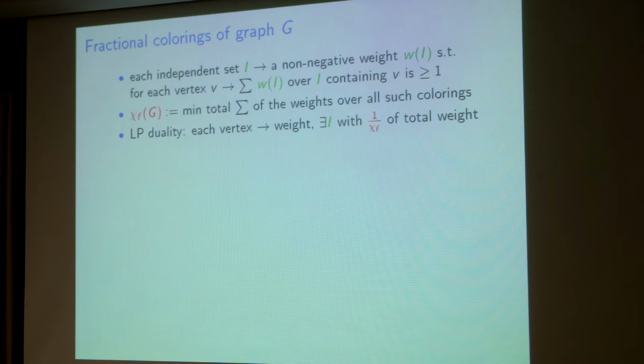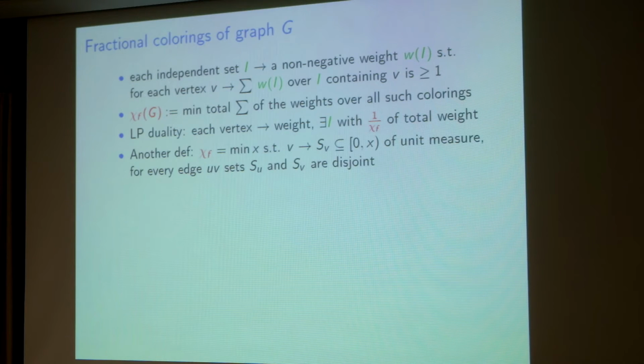For this statement I don't even need LP duality; it follows from a simple averaging argument. But using LP duality, one can show that on the other hand, if for any assignment of weights to vertices I find an independent set that heavy, then my fractional chromatic number is at most chi_f. So it's really an if and only if.